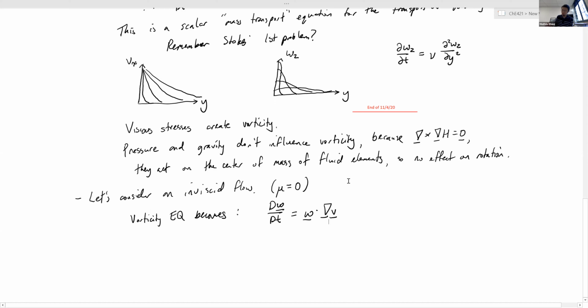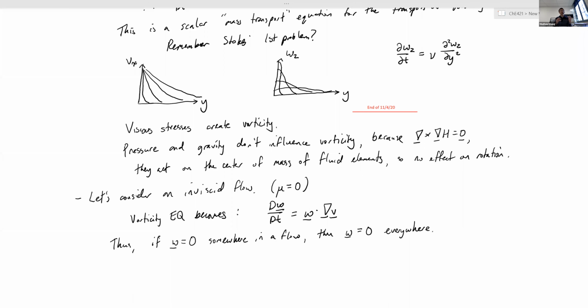What this means then is that if omega is equal to 0 somewhere in a flow, then omega equals 0 everywhere. Does that kind of make sense?